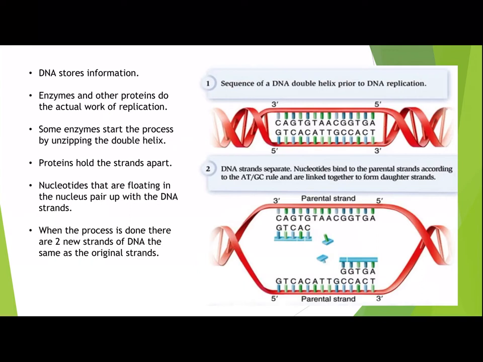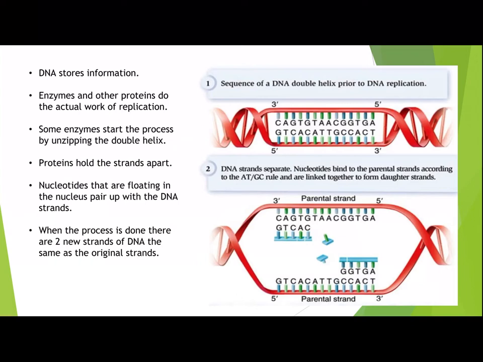We're going to talk about some of the enzymes that help make this process possible. But what we have here is that the DNA will unwind and then start making new strands of the DNA. It's as simple as that. We use the original DNA to make a new DNA.